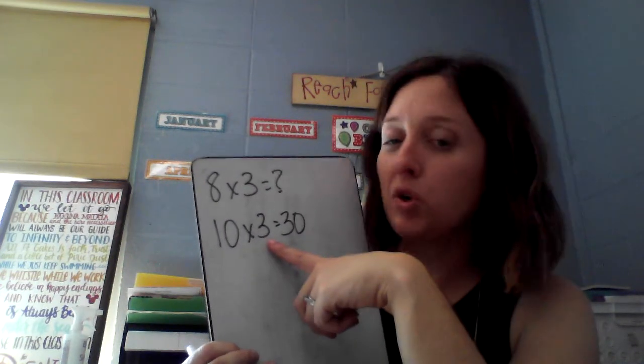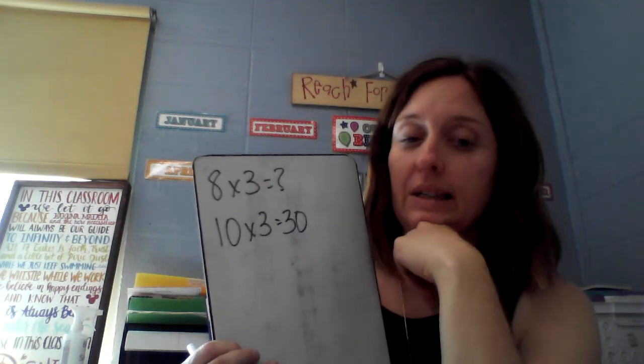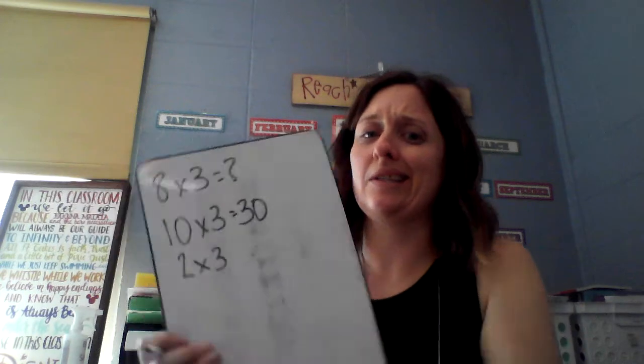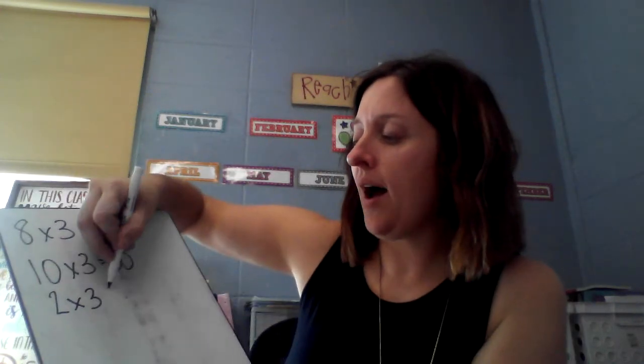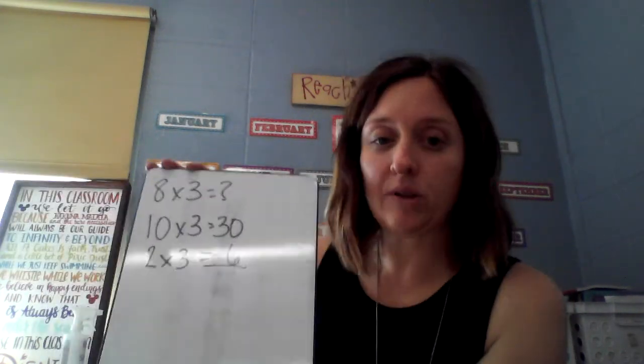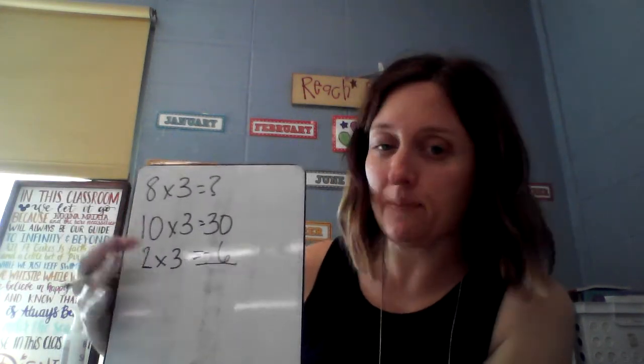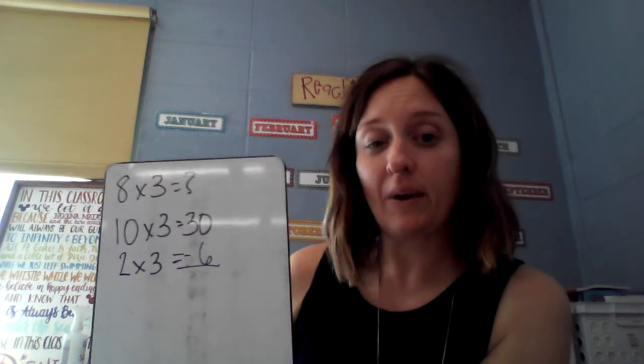So I just need 2 less threes to get the answer to 8 times 3. Well, 2 times 3 is really easy. 3, 6. So if I want the answer to 8 times 3, I just need to take 30 minus 6. And 30 minus 6 is 24.